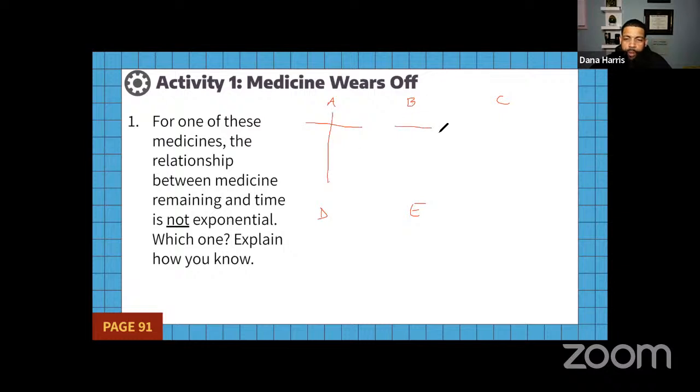I probably should do neater lines. Let's go neat lines. All right, they're not going to be perfect.